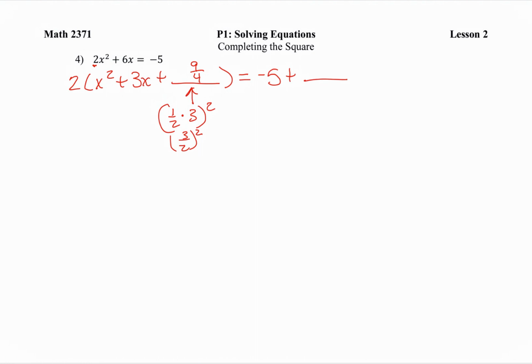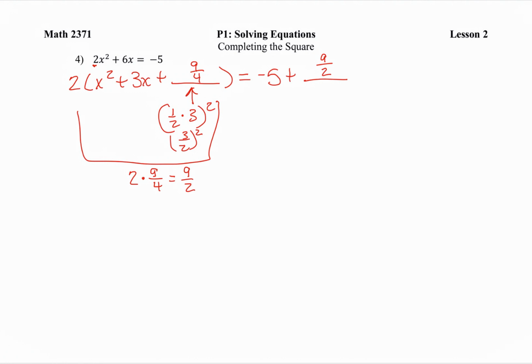So, no, we did not actually add 9/4. We actually added 2 times 9/4, which is 9/2. So what we're going to add over here is going to be 9/2. All right?